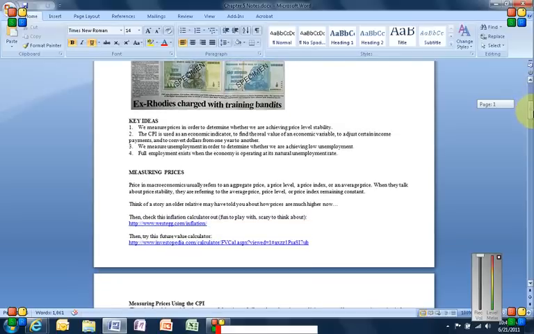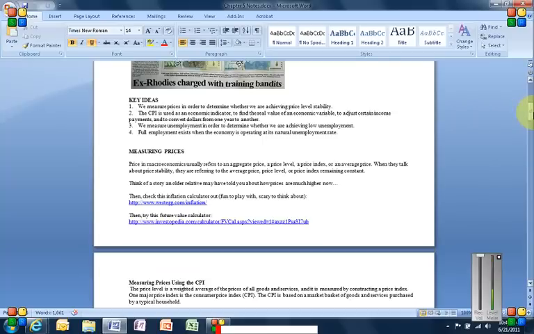Here are some key ideas from this chapter, though. We measure prices in order to determine whether we are achieving price level stability. The CPI is really the most common way that we try to judge this, so we're going to go through some calculations for the CPI. We also measure unemployment in terms of how many people who want to can find jobs and participate in the labor force, but there are some other calculations that we can take a look at to judge the labor market.